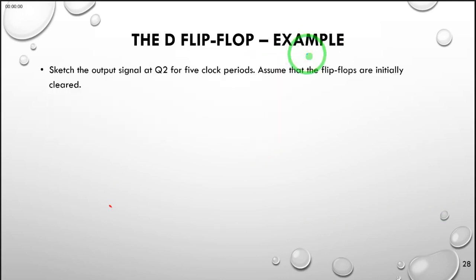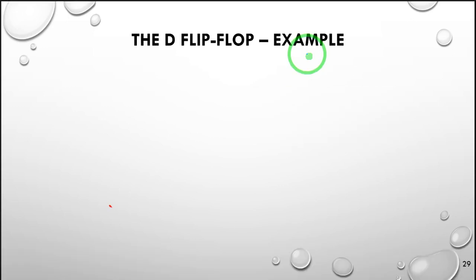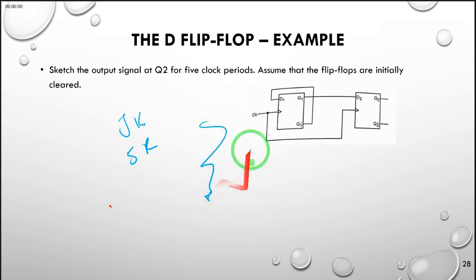A similar example asks us to sketch the output signal at Q2 for 5 clock periods, and we are told that the flip-flops are initially cleared. You would again draw the table like we have drawn before, and simply follow the examples that we have done for the JK and SR flip-flops. I will not spend time doing this because we have done it before.